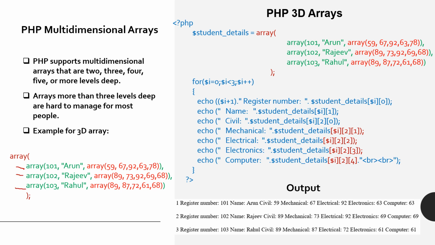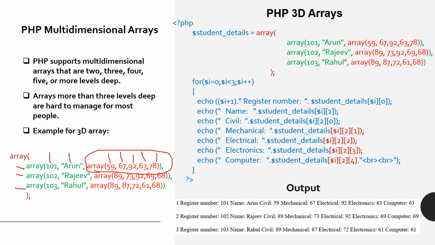The first array content is register number, name, marks of 5 subjects. Assume that instead of writing 5 different marks, we can have it as an array. This is another array.